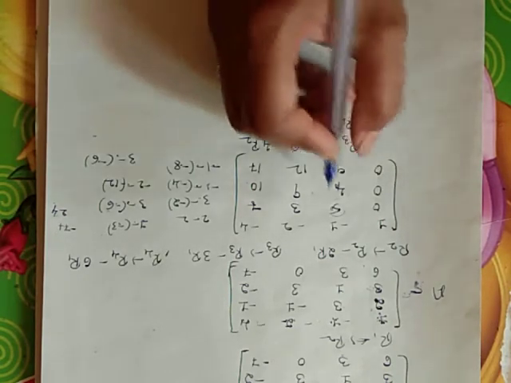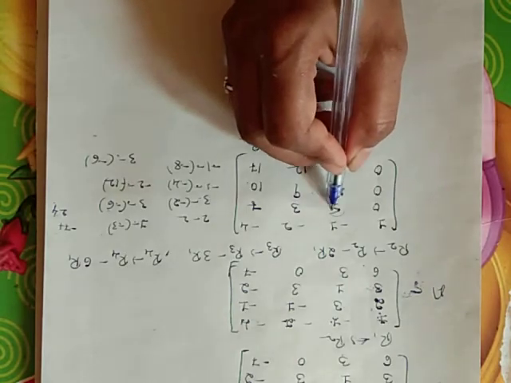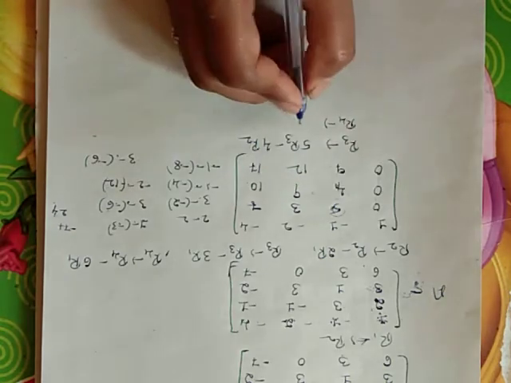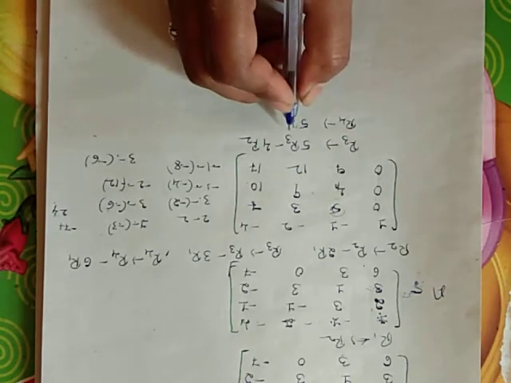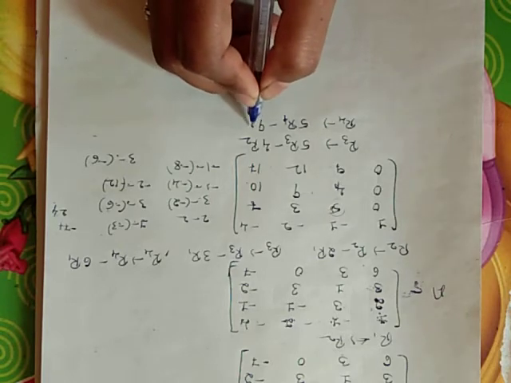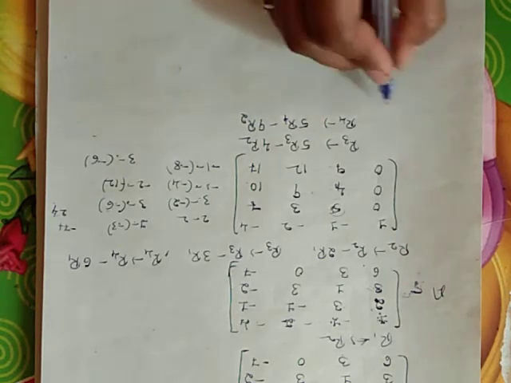Similarly for R4, here it is 9, here it is 5, so R4 tends to 5 into R4 minus 9 into R2.